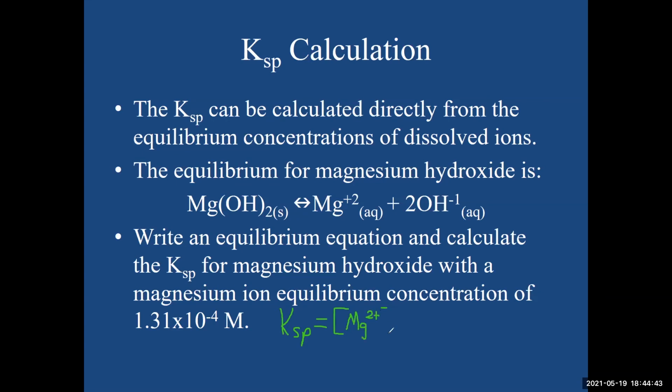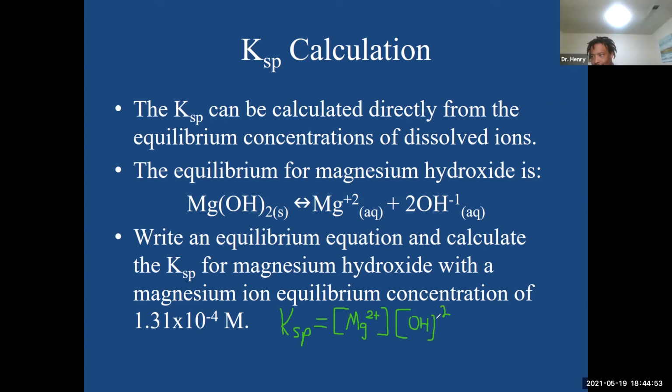Okay, and then close that bracket, and then another bracket of OH negative, and then the exponent of 2. That's right. So that's going to be the equation that we're going to be starting off with.